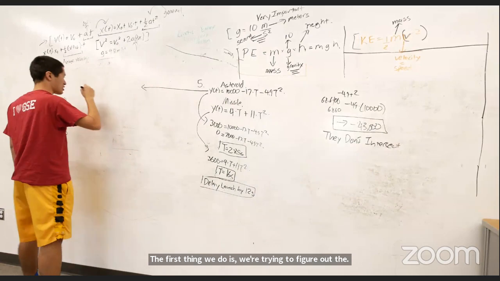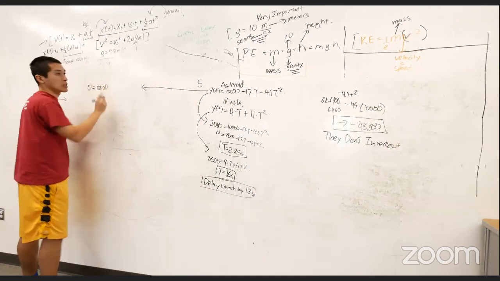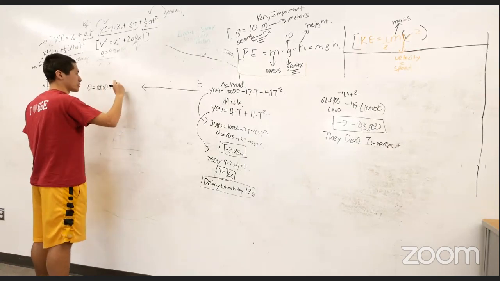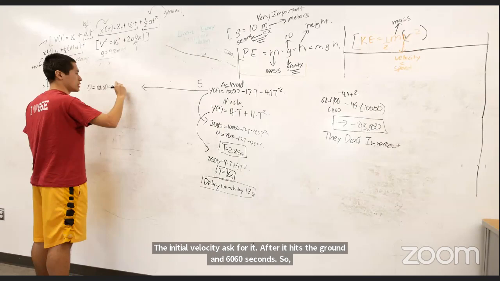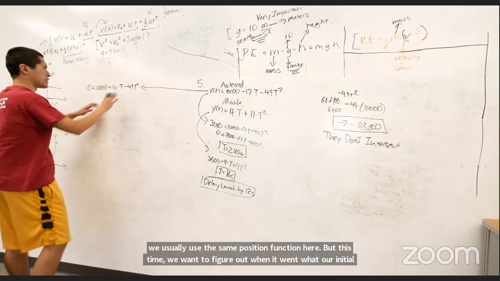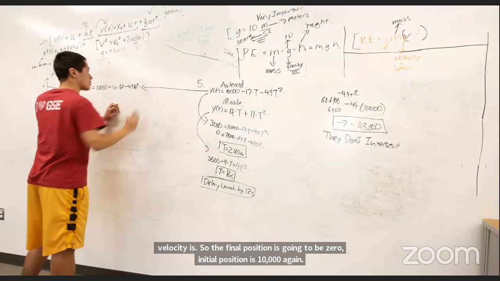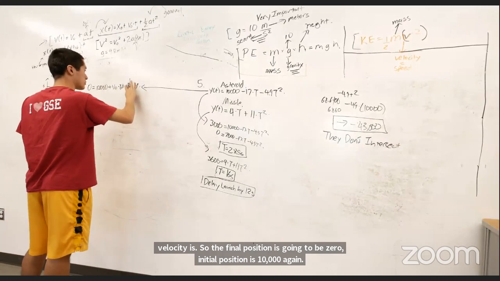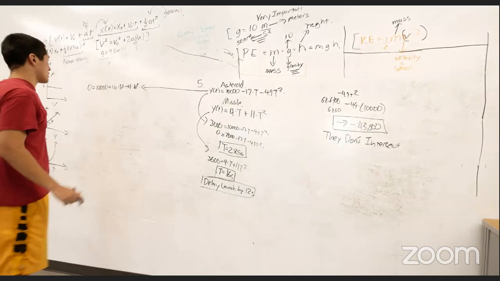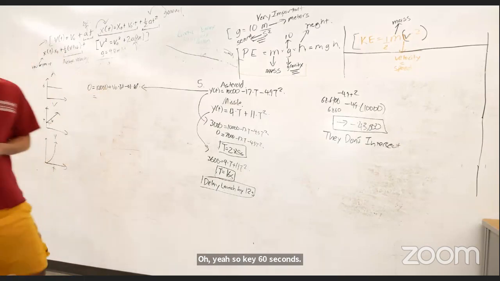So the final position is going to be 0. The initial position is 10,000 again. We don't know what the initial velocity is. So we're going to do plus v0 times t, and then minus 4.9 t squared. Oh yeah, so t is 60 seconds, sorry. Okay, so let me do this real quick on my calculator.